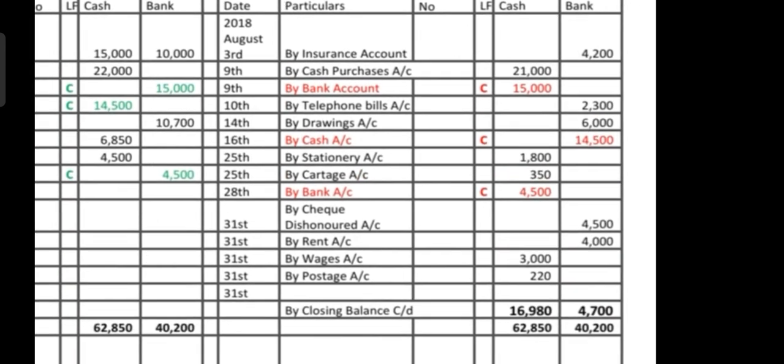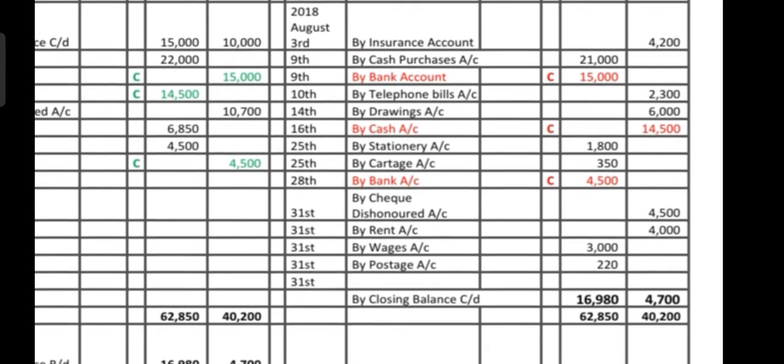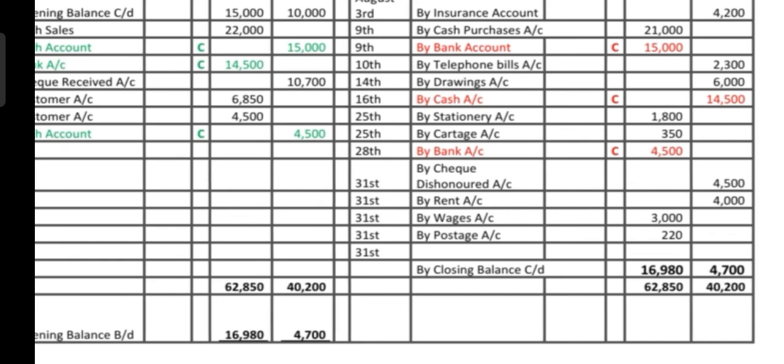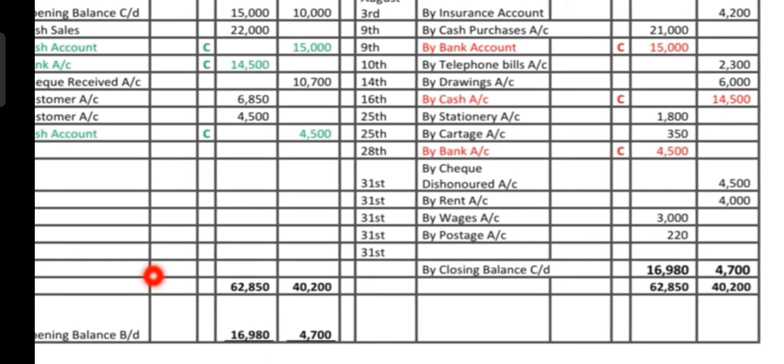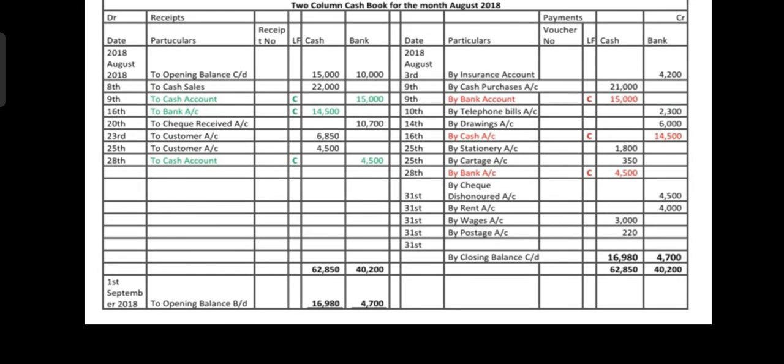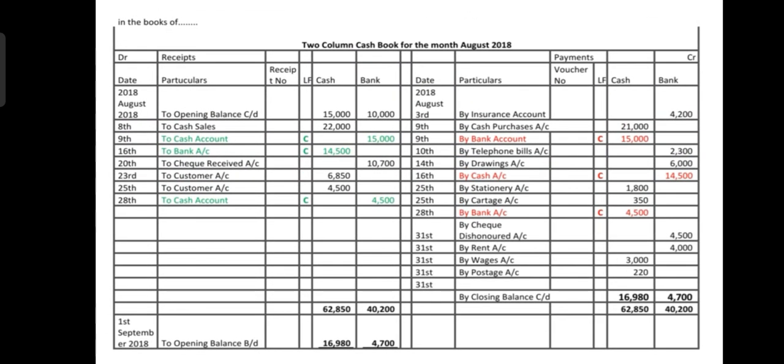From that total you are going to deduct all the amounts that you entered under the payment side, that is 4,200, 2,300, minus 6,000, minus 14,500, minus 4,500, minus 4,000. So you will get the closing balance of 4,700, and the same 4,700 becomes the opening balance for the next month. Okay, like this you are going to prepare a 2-column cash book.